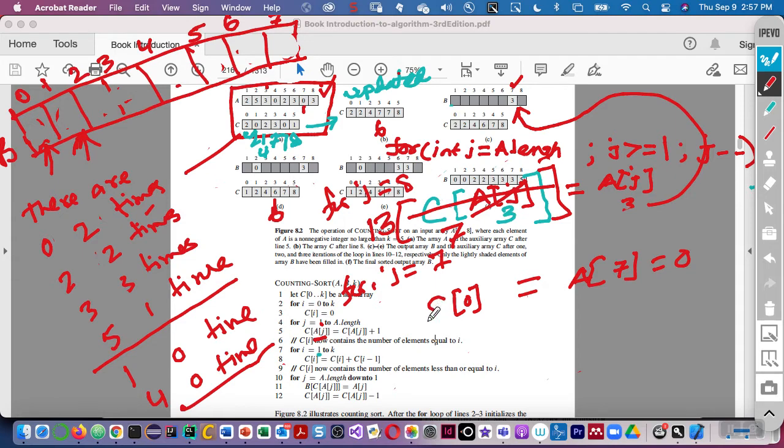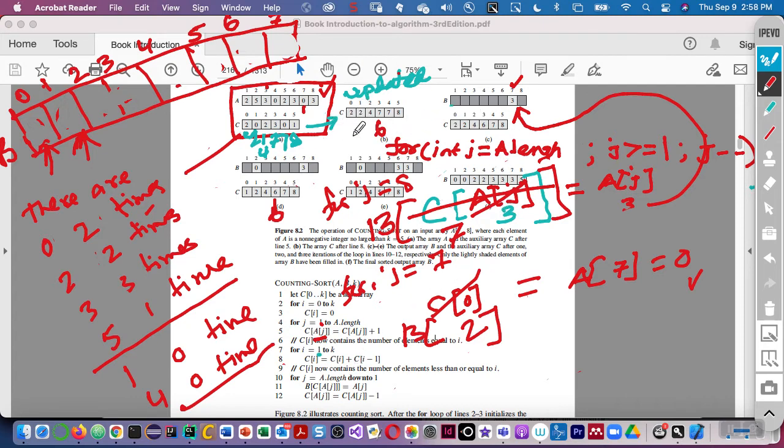Then C of 0 equal to 2, and this one will go to B. So at B2, this position, the value will be 0. So this 0 value is going to position 2. Again, this is the actual index. But intuitively, this one is easy to read. Then the third one, the third iteration.